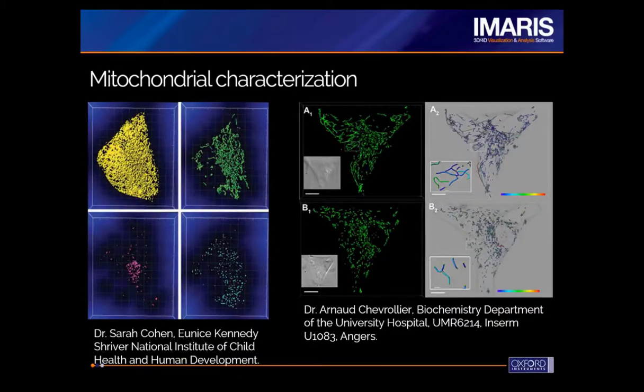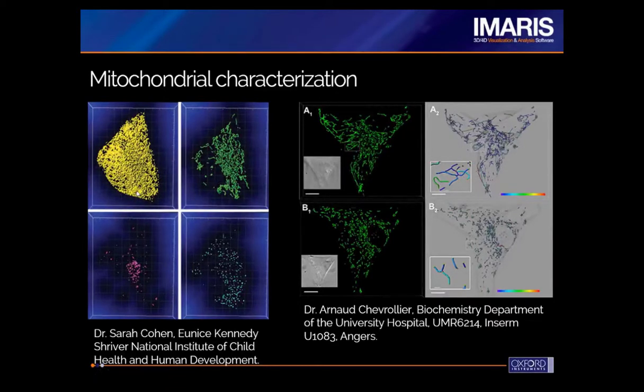And so what they did was they used a tool that's in a previous version of Amaris called distance transformations to help them understand how far away objects are from one another. So how far away are, in this case, these are mitochondria, and we have other types of organelles in the different colors here.